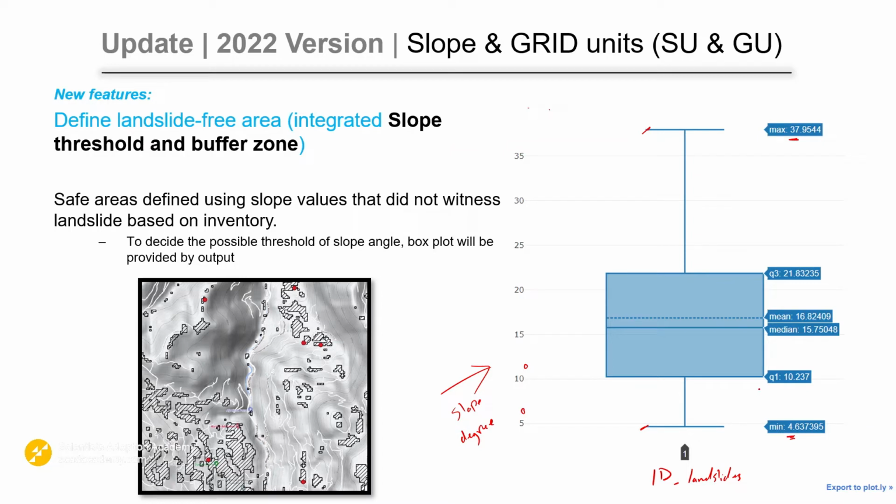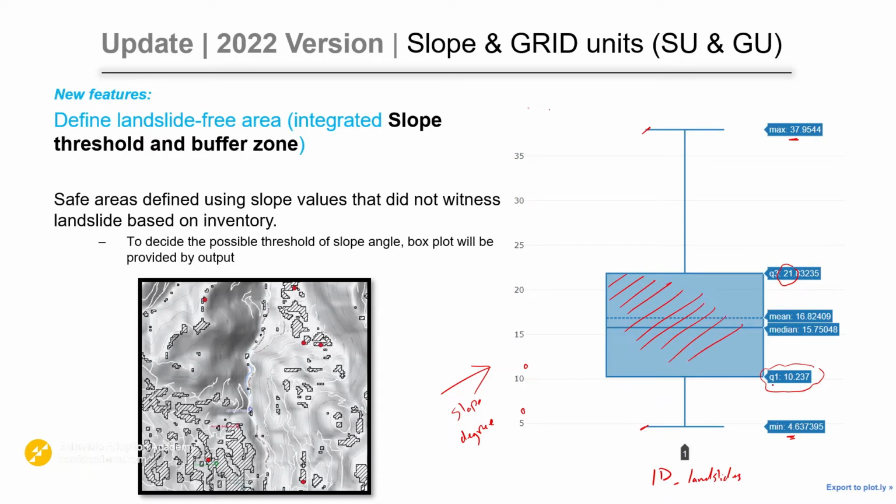However, the first quartile of the data accumulated from a slope of 10 up to 21. That means the first quartile and the third quartile of our data are from 10 to 21. These are, as we said, the critical slope values.